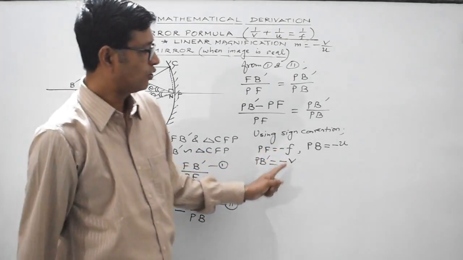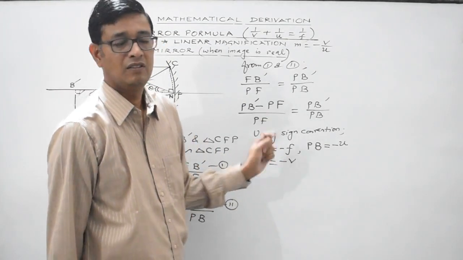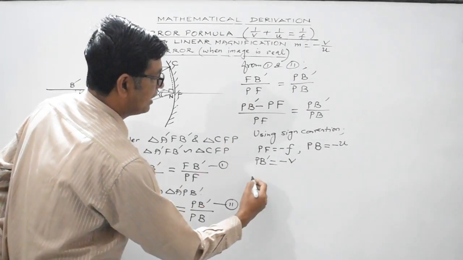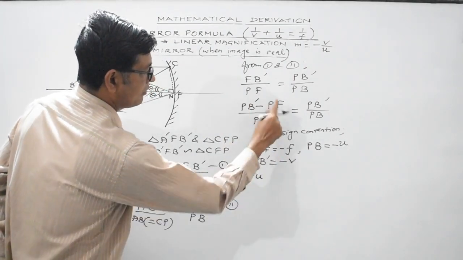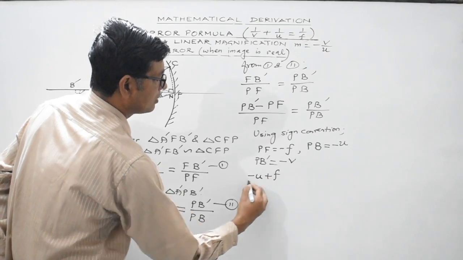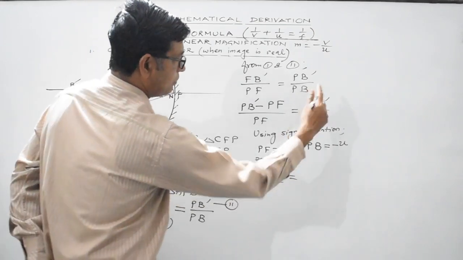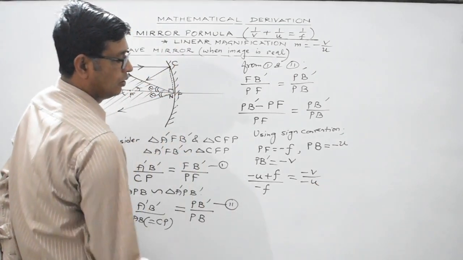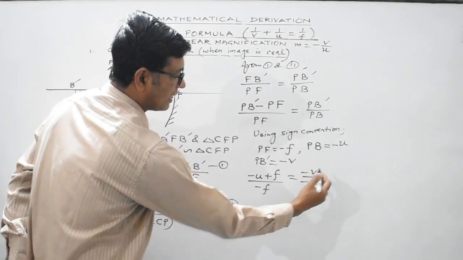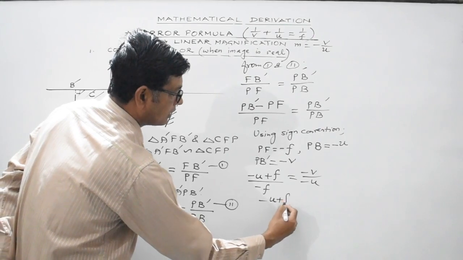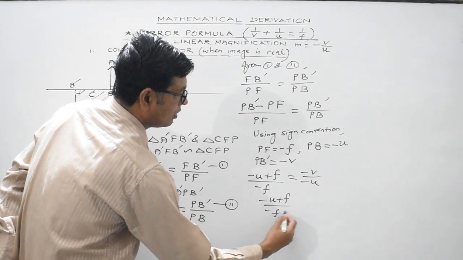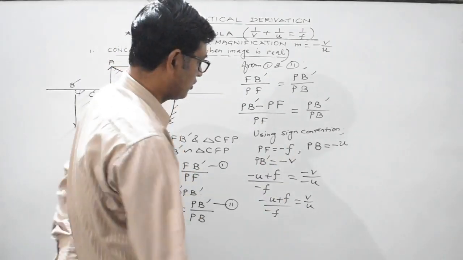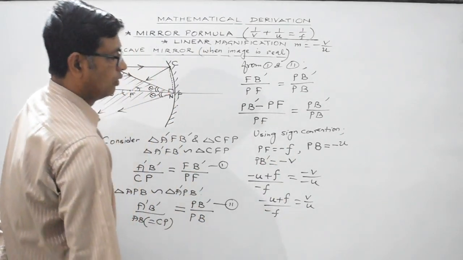So let's substitute all these values over here. We should get this expression. So what we get is PB' minus U, PF minus F, minus 1, so it will become plus. It is PB', that is minus V, PB minus U. So minus minus get cancelled. So minus U plus F is equal to V by U. Just cross multiply it and let's check what you obtain.